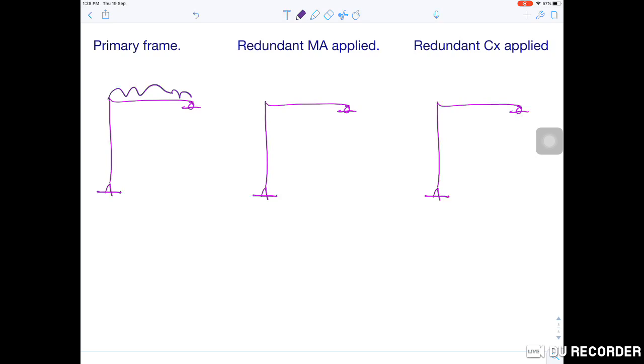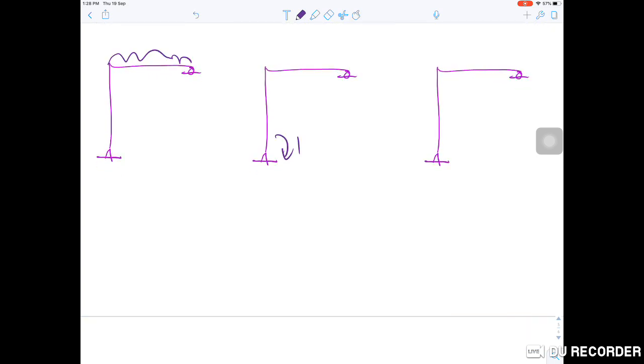For redundant MA applied, it is a determinate frame subjected to a unit moment at A and here a unit value of CX. So this is MA, and this is CX.